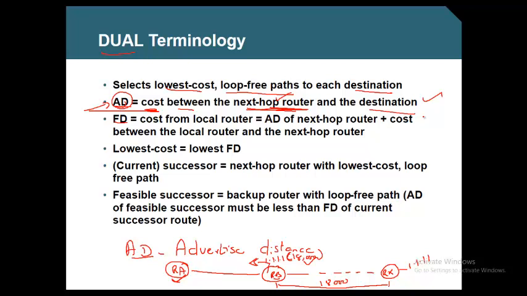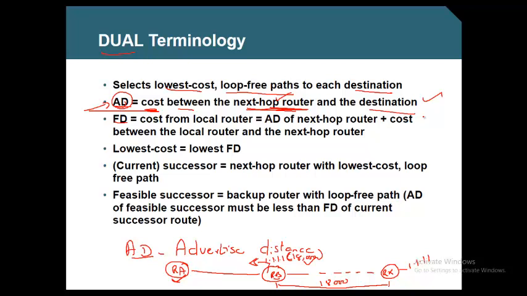That is advertised. Can you please tell in your own word what is advertised distance? Advertised distance for a router or for a destination, it is a cost between the next hop router plus the destination.